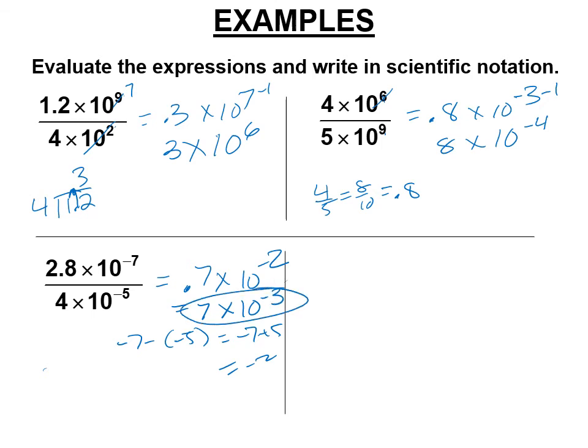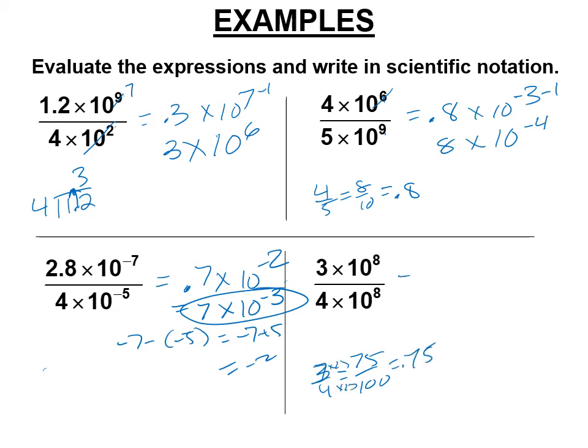That bigger, that smaller by 1. 3/4, right? 3/4 is 75 hundredths, right? Which is 0.75. So 0.75 times 10 to the 0, right? That's it in scientific notation, but that is 0.75. But in scientific notation, that's what it would be.